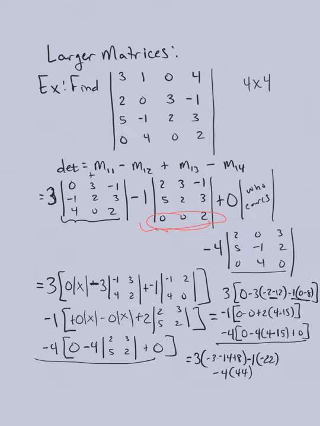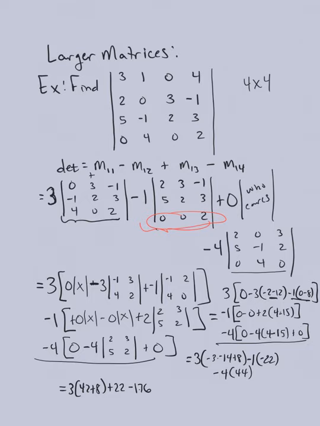Okay, we're almost there. Gosh, I hope I'm not incorrect here, but 3 times 14 is 42, right? Okay, so we got 3 times 42 plus 8, and then plus 22, and then minus 4 times 44. What is that? 16, carry the 1, 176.